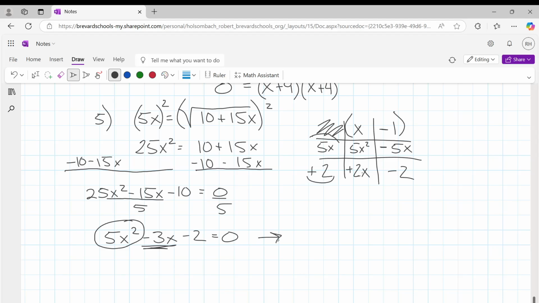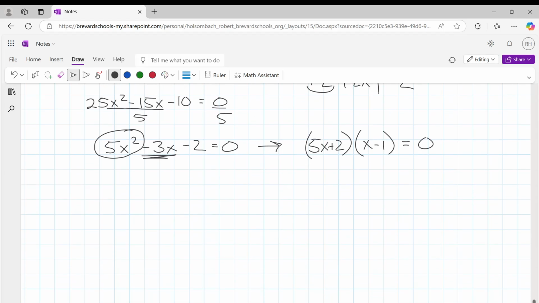So this is equal to 5x plus 2 times x minus 1, still equal to 0. And we're going to set each factor equal to 0 and solve. So 5x plus 2 is equal to 0, x minus 1 is equal to 0.